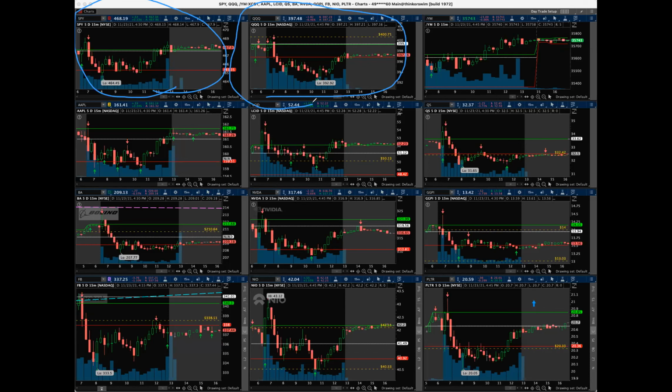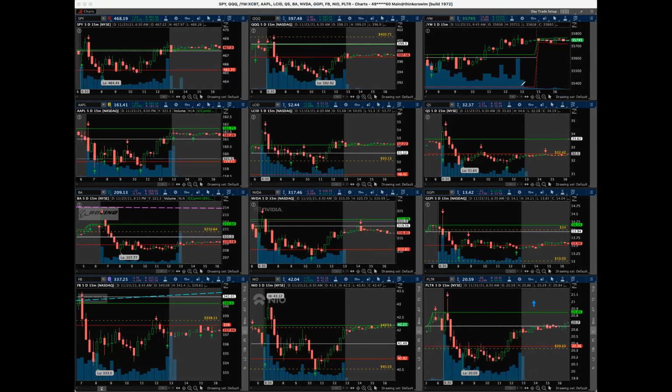My QQQ in the middle, my /YM, which is the Dow Jones. I never remove these three. I keep that there day in, day out, and never ever touch it. I leave it all in the 15-minute candles, just because I don't really need to see the 1 day, 1 minute. It's more of just eyeing what the day's action is going to be for me, or for the ticker, the market, whatever it is.